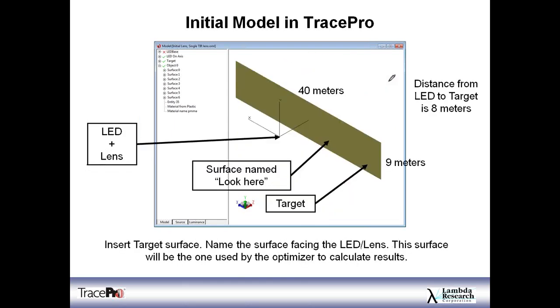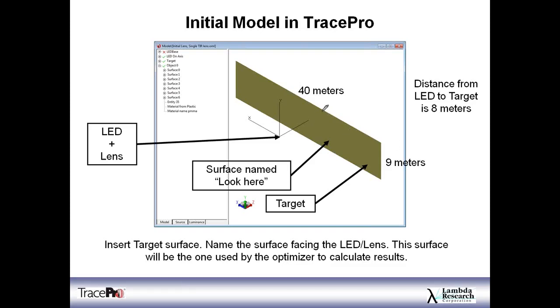And the next step is to set up the target. This is where we're going to collect rays if we're looking for flux values or irradiance patterns. We need a surface to see that on, so we've set up a target here. In this case, the target is 9 meters wide and 40 meters long. I intentionally made the target larger in the length dimension than my spec.